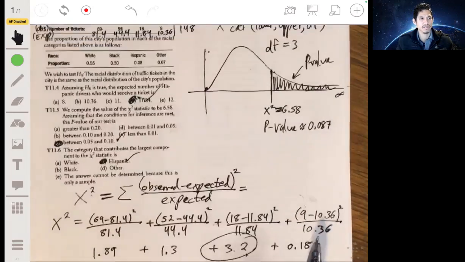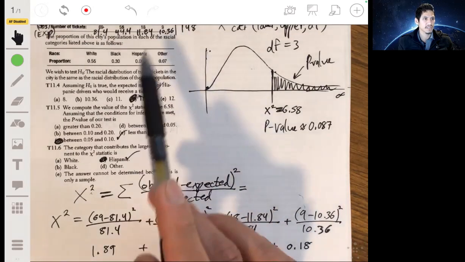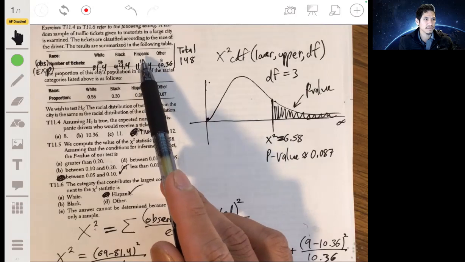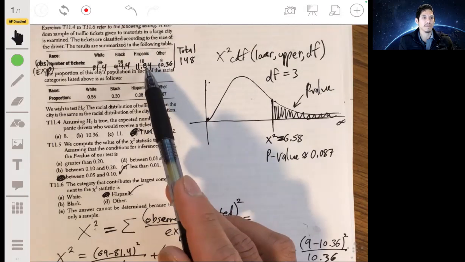And again, make sure you are always thinking logically. You're looking for which of these values were off from its expected value, relatively speaking.